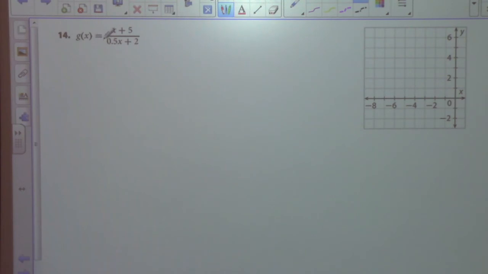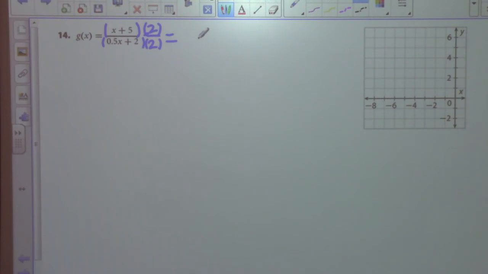It's just going to make your life easier. So what do I have to multiply? 2. We have to multiply by 2, and we're going to multiply by 2 over 2. Why can I multiply by 2 over 2? Because it's 1. Yeah, because 2 over 2 is equivalent to 1. So when you multiply by some number over the same number, you're just putting it in a different format.